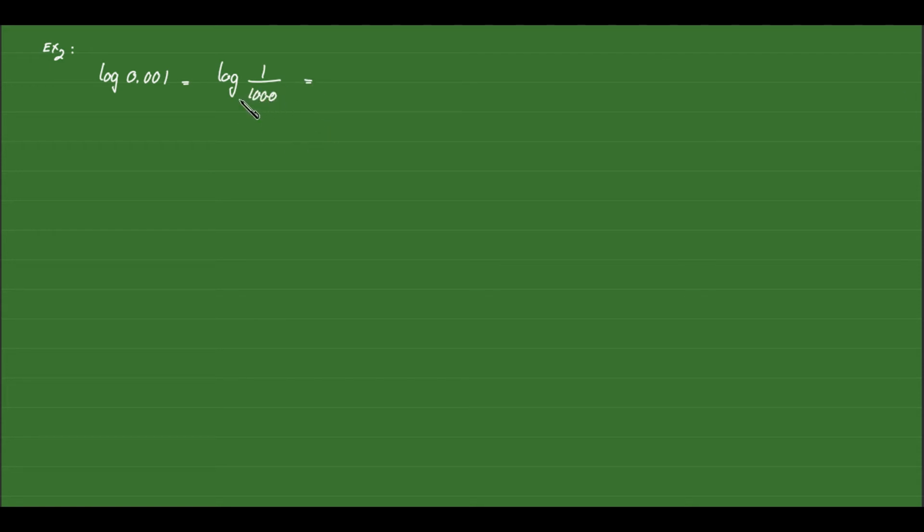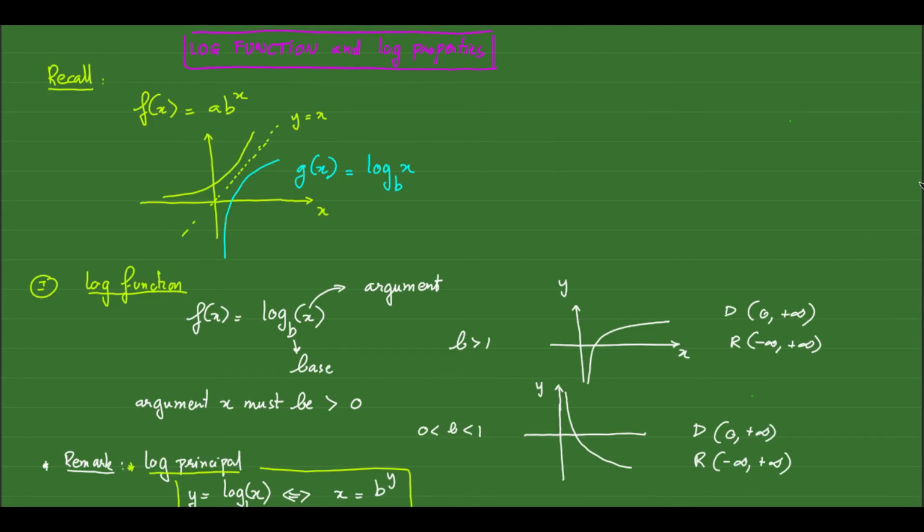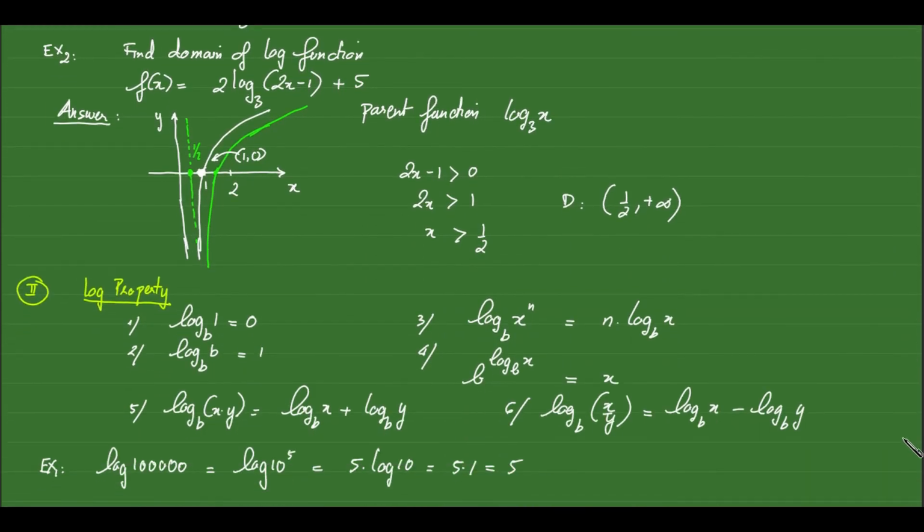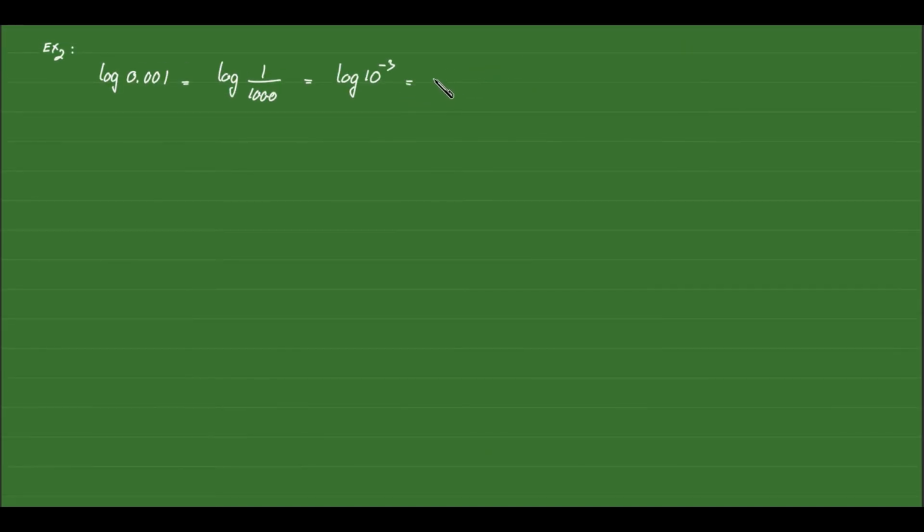And 1,000, I can write it as 10 to the negative 3, right? Now I'm going to apply the third formula again, which gives you negative 3 log base 10 of 10.